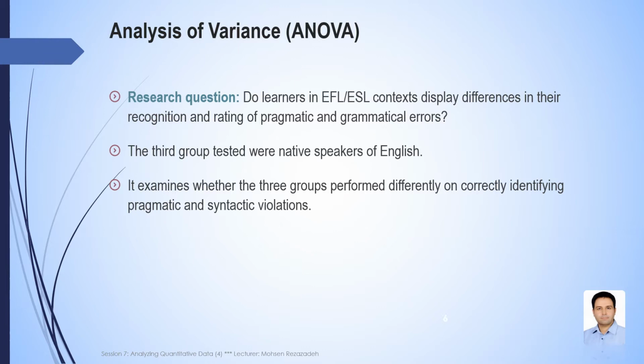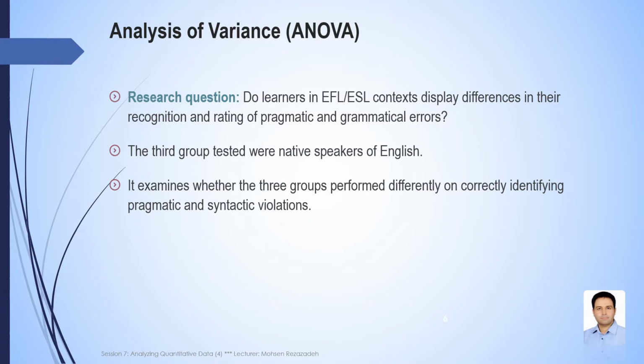Here, if you pay attention to the research question, you can see that we are dealing with EFL or ESL learners. Then we want to investigate difference in recognition of pragmatic and grammatical errors. And we have another, third group being tested, native speakers. So we have two groups in recognition and rating of pragmatic and grammatical errors: recognition group, rating group, and a third group is the native speaker.